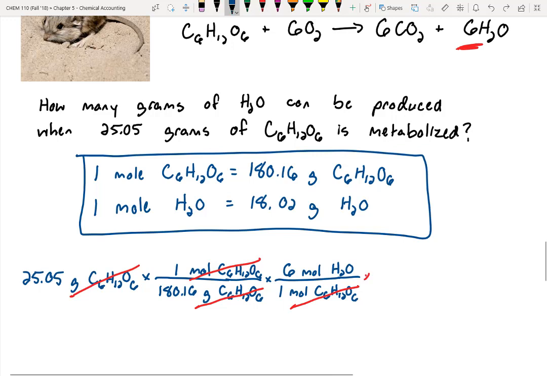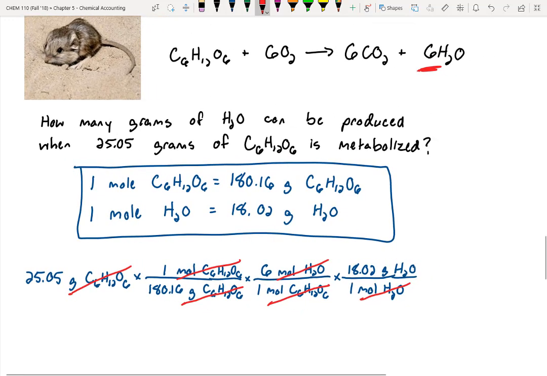Now we need to go from moles of water to grams of water. So I'd say, all right, 1 mole of water is equal to 18.02 grams of water. That allows us to cancel out our moles of water, and we're left with our units in grams.